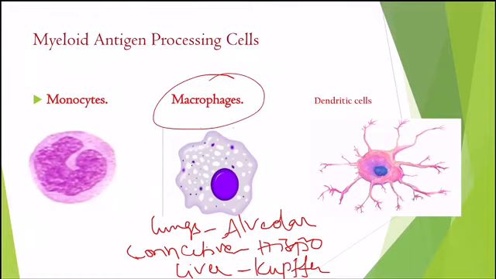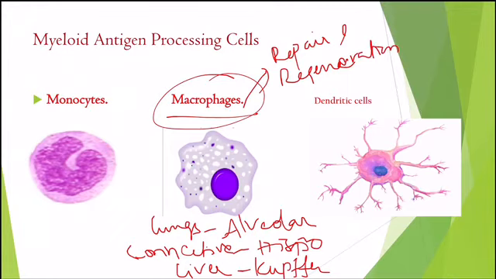They are named differently based on the tissue in which they are present. These macrophages are present in the tissues for a long period and play a role in regulating repair and regeneration.